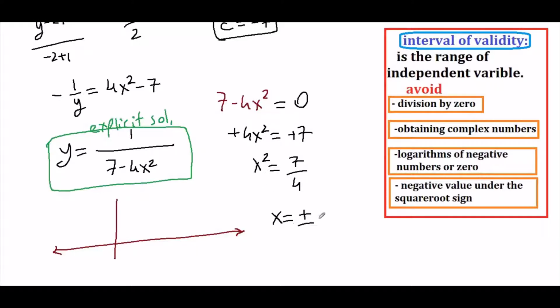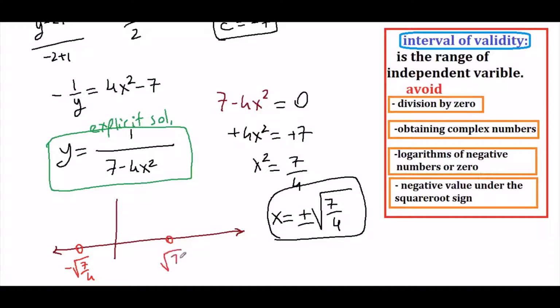When you take the square root, it goes out as plus and minus. So we have 2 points that make this denominator 0, and we exclude those 2 points from the range of the independent variable. So negative square root of 7/4 and positive square root of 7/4 will be our asymptotes.